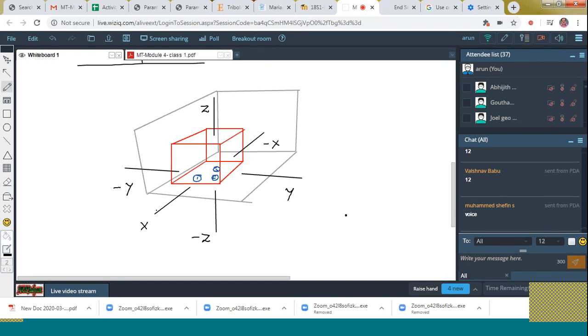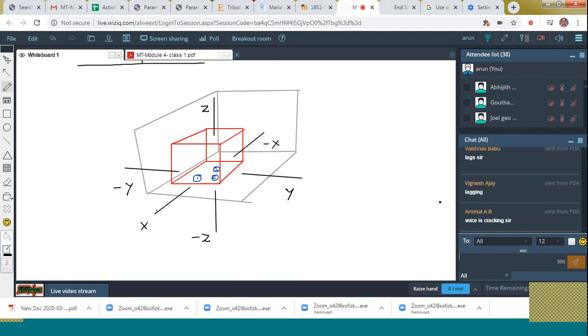Please check your audio system. I hope my voice is clear to all, right? Is my voice clear? Yes, right. Okay. Let me change my net connection.